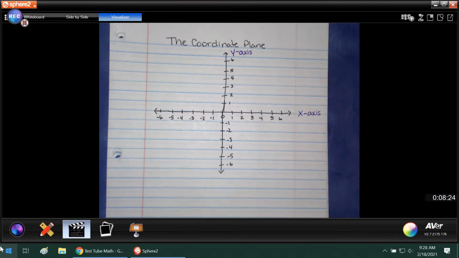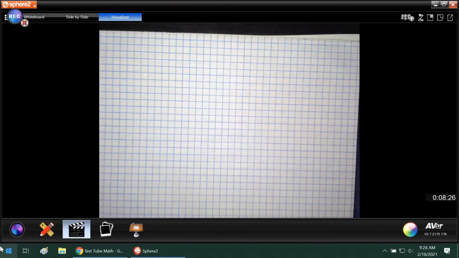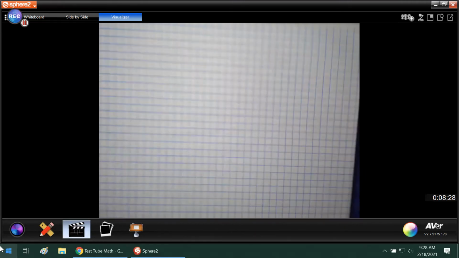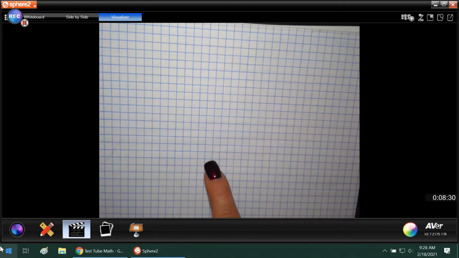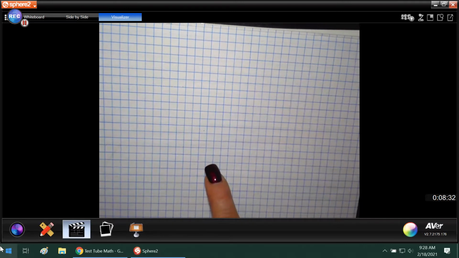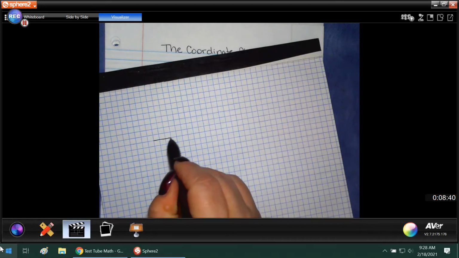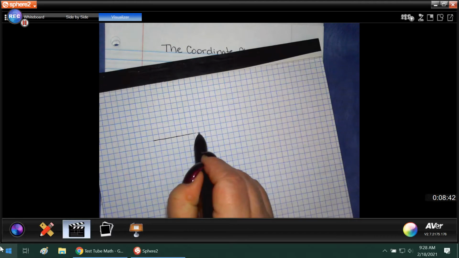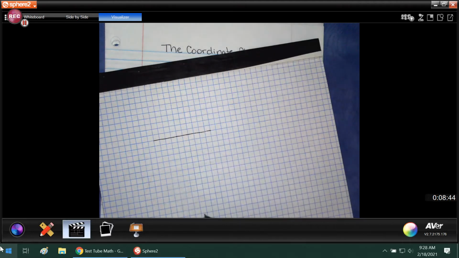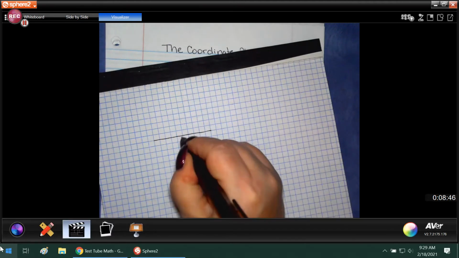But bear in mind that on graph paper, each one of these squares would be 1. So if I drew my number line on here, this would be 0.